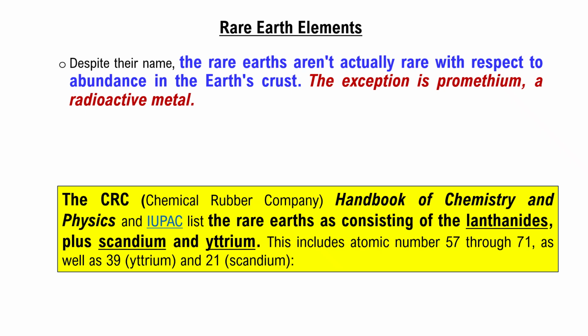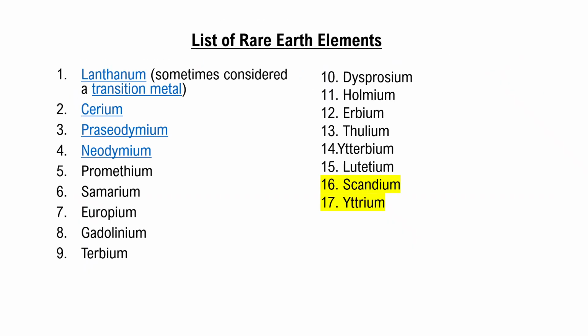This list includes atomic number 57 through 71, as well as 39 yttrium and 21 scandium. Here is a list of the rare earth elements, starting from lanthanum to samarium to terbium to erbium and ultimately 16 and 17, that is scandium and yttrium.